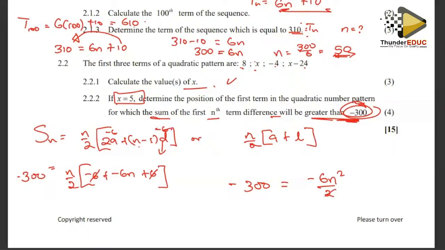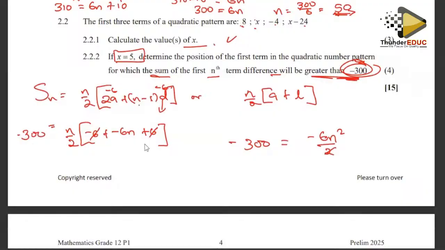Okay, so I cancel this, I cancel that. I'll be left with just negative 3n squared is equal to negative 300. N squared is 100, and then the square root is going to be 10.